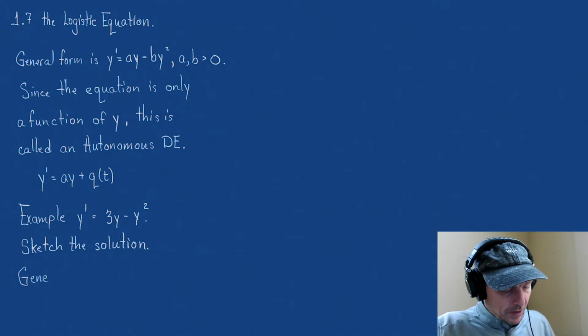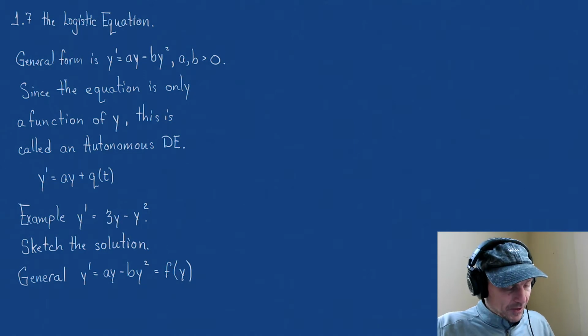The general form is that if y prime equals ay minus by squared, we call the right-hand side the function f of y.